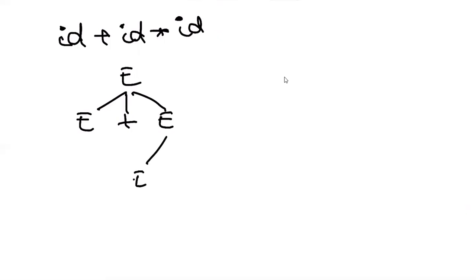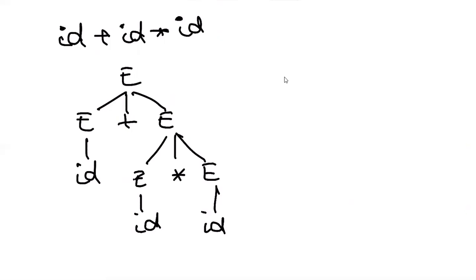So this can be E, or this, I will reduce this here, ID. Then here, this will be E into E, ID and ID. So all we are doing is leftmost derivation. Okay. Now here, multiplication will be done first, then addition will be done. Okay. So which is okay.